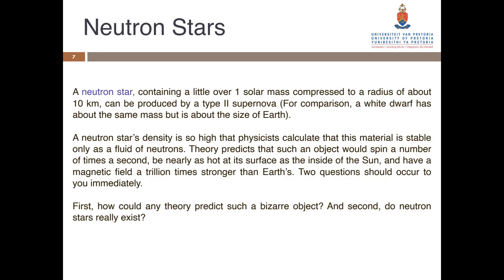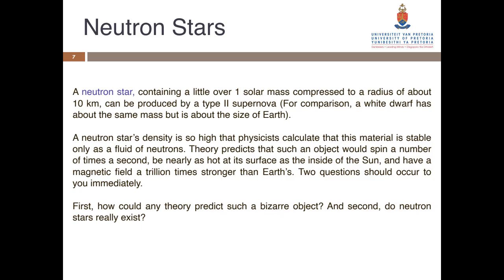A neutron star containing a little over one solar mass compressed to a radius of 10 kilometers can be produced by type 2 supernovae. For example, a white dwarf has about the same mass but is about the size of Earth.